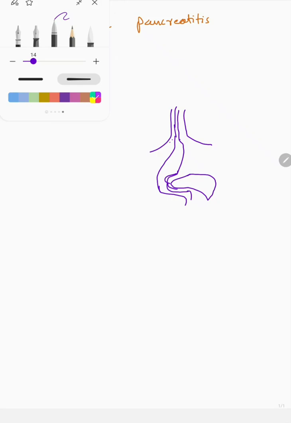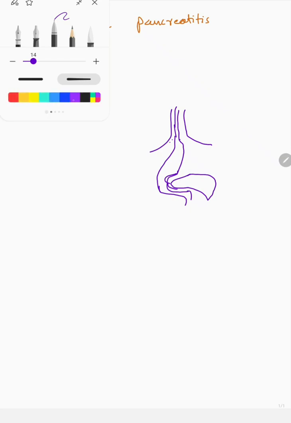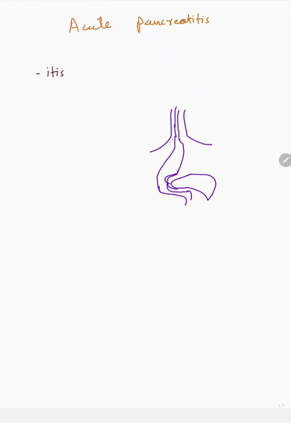In order to understand that, we have to understand a little more of the anatomy. So normally we have the bile ducts that are coming down, like this. And the pancreas is kind of here. The pancreas has its own duct.